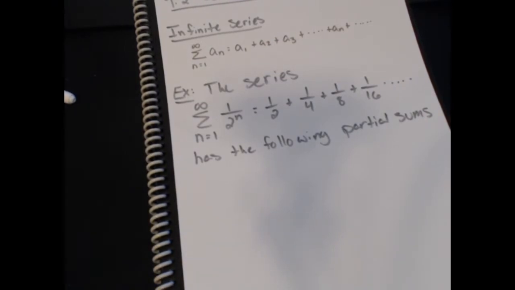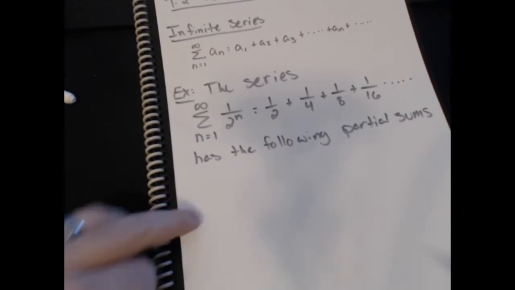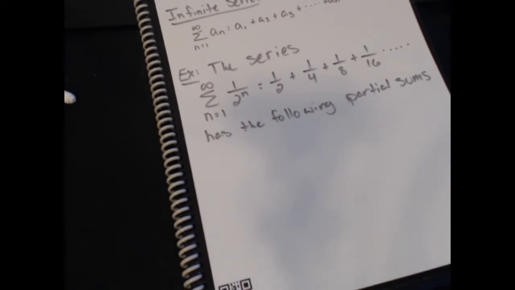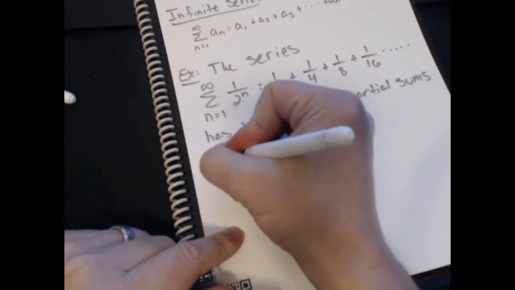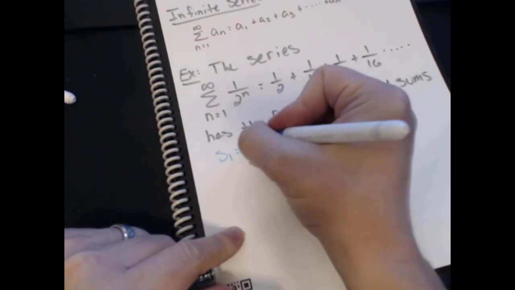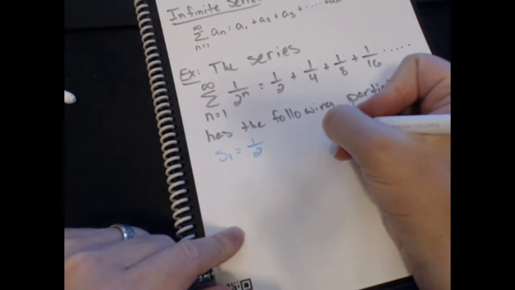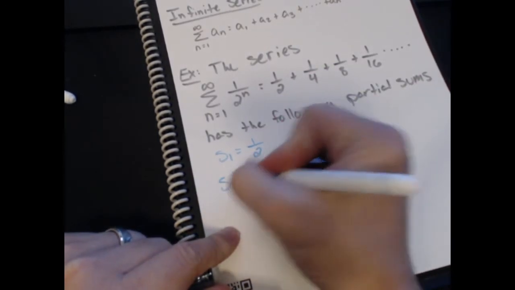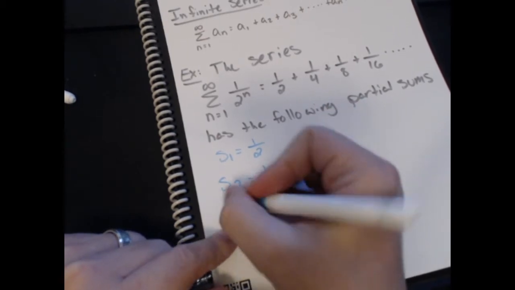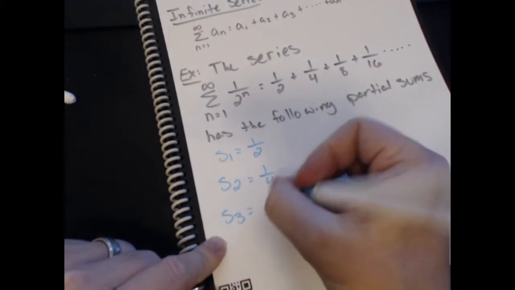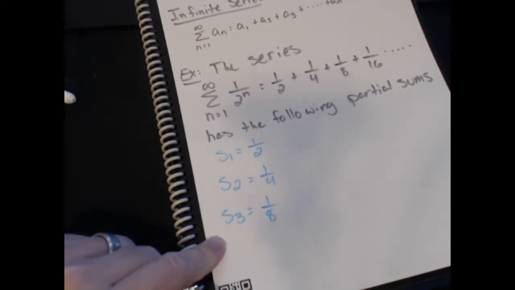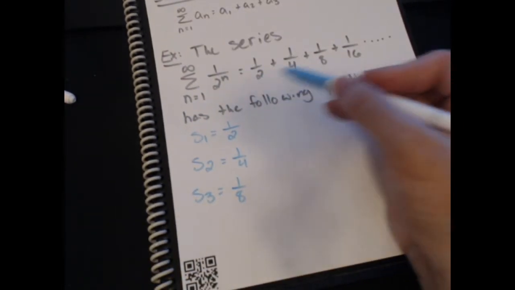They'll separate this out and look at, well, if I look at the series, let's look at what S1 would be. Well, S1 is going to be 1 over 2. And then if I look at S2, that's going to be 1 over 4. S3 equals 1 over 8. Where you see it's just breaking down the pattern.